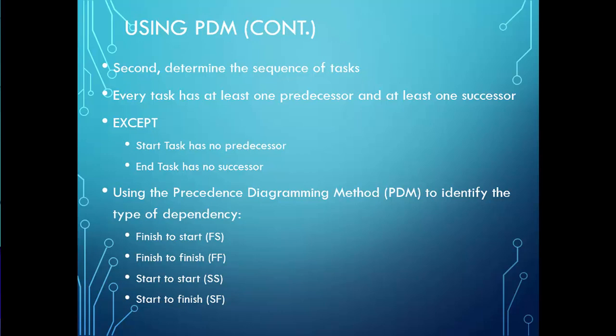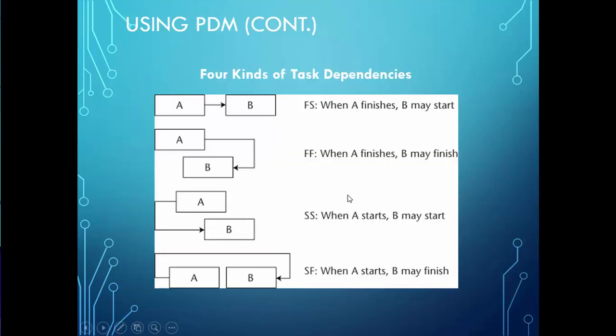Using the predecessors, or the precedence diagramming method, to identify the type of dependency, we have finish to start, finish to finish, start to start, and start to finish. Finish to start means that when A finishes, B may start.